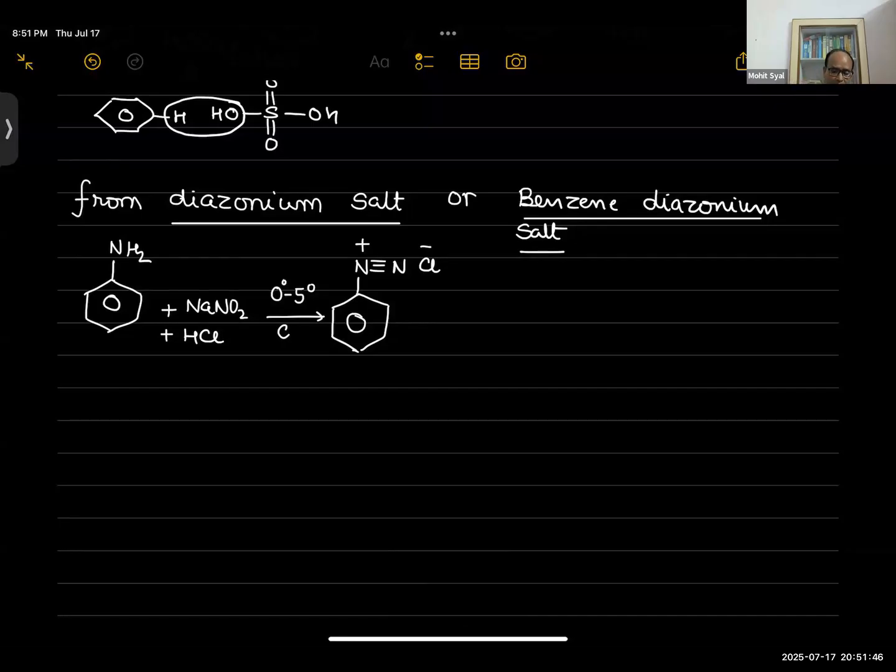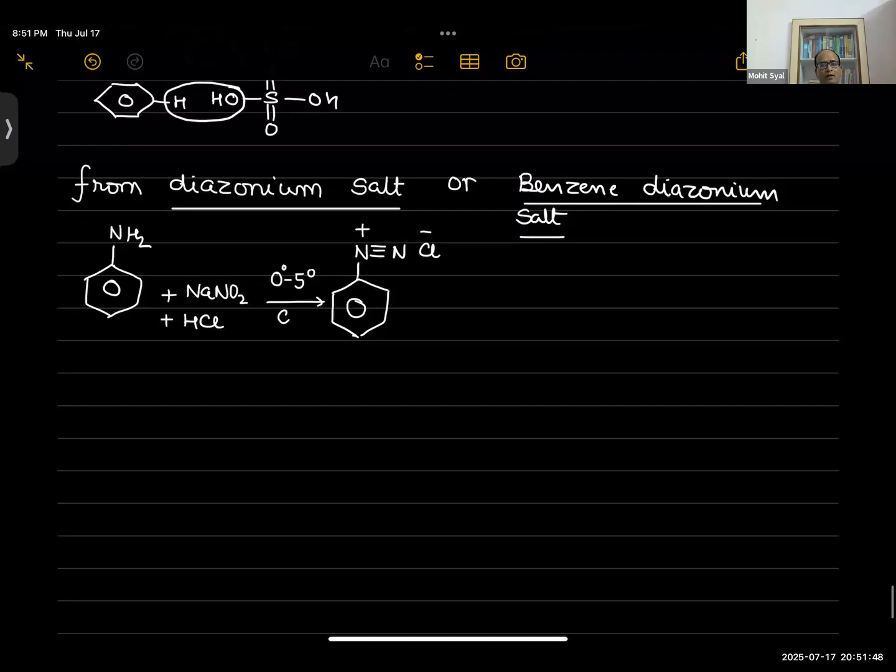Okay. Now you have N2, and that can be replaced easily. It is unstable. So you heat it with water. So Ibrahim, what will happen when you heat it with water? The water's OH will come in and N2 will go out.